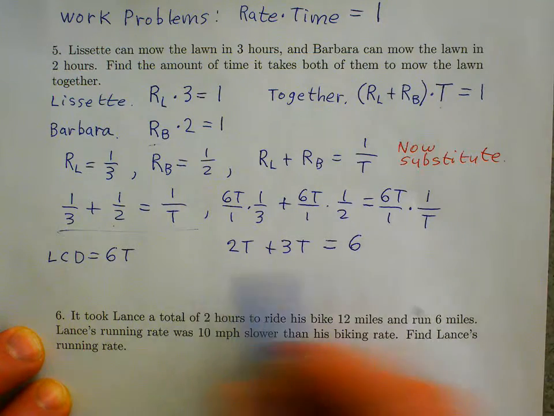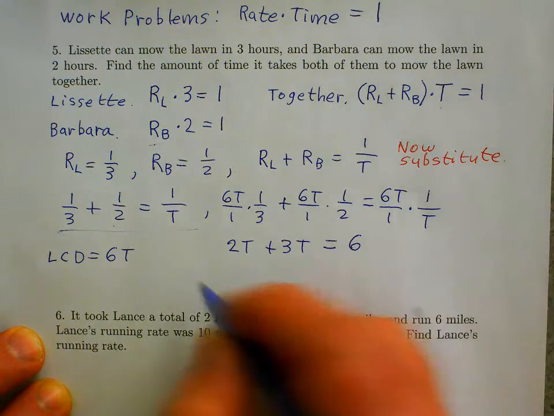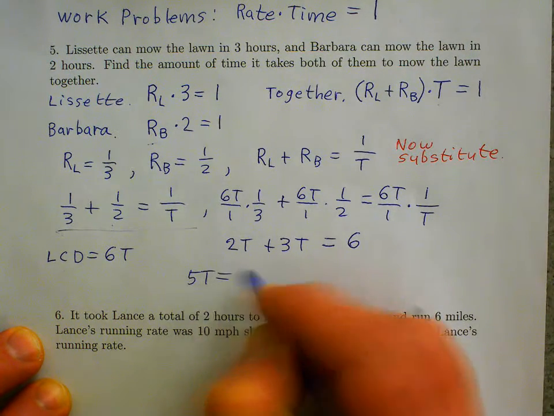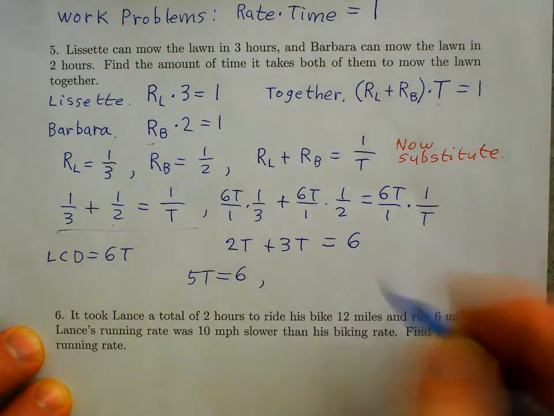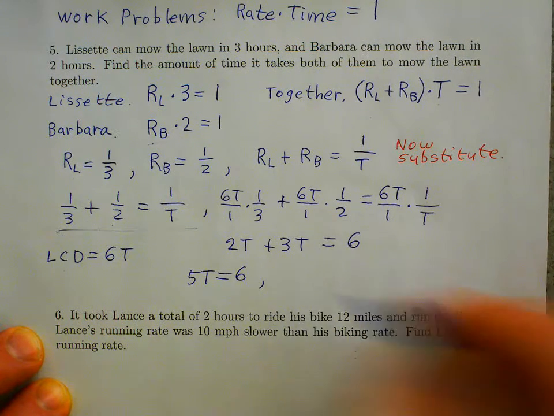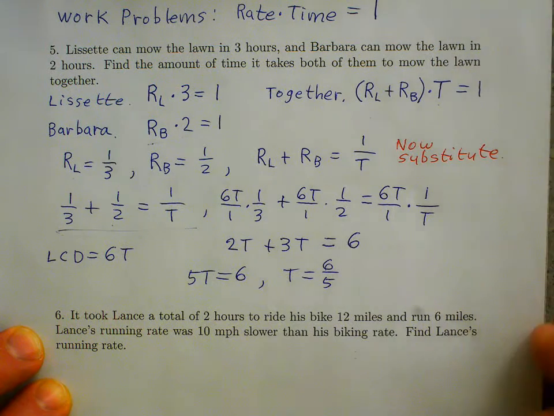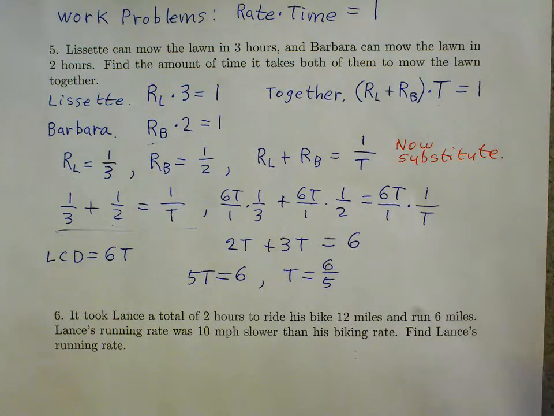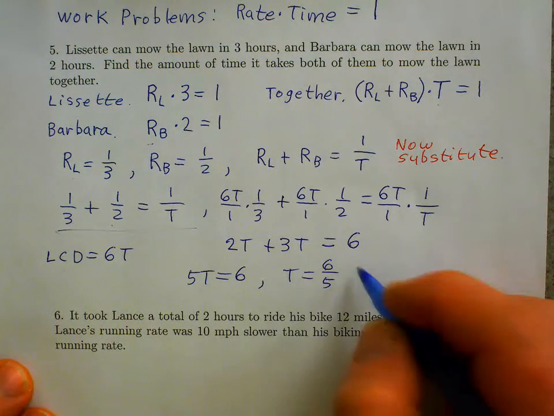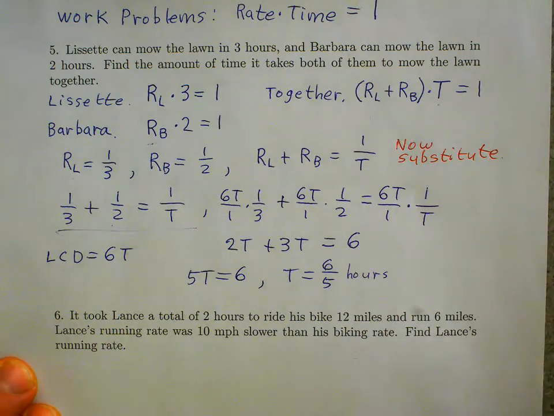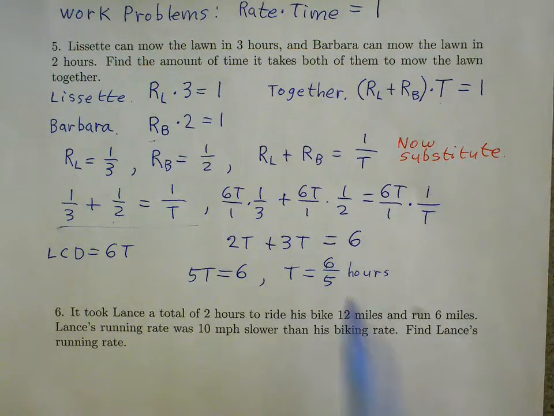And then we have a simple equation to solve. 2T plus 3T is 5T. 5T equals 6. And then divide both sides by 5. T equals 6/5. And the units are hours. So 6/5 hours, or 1 1/5 hours.